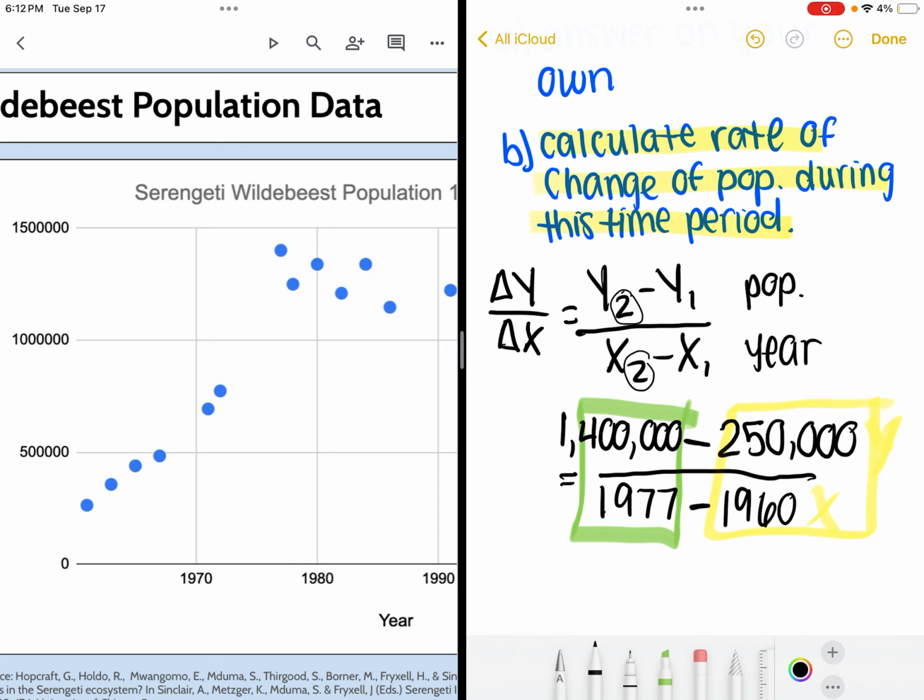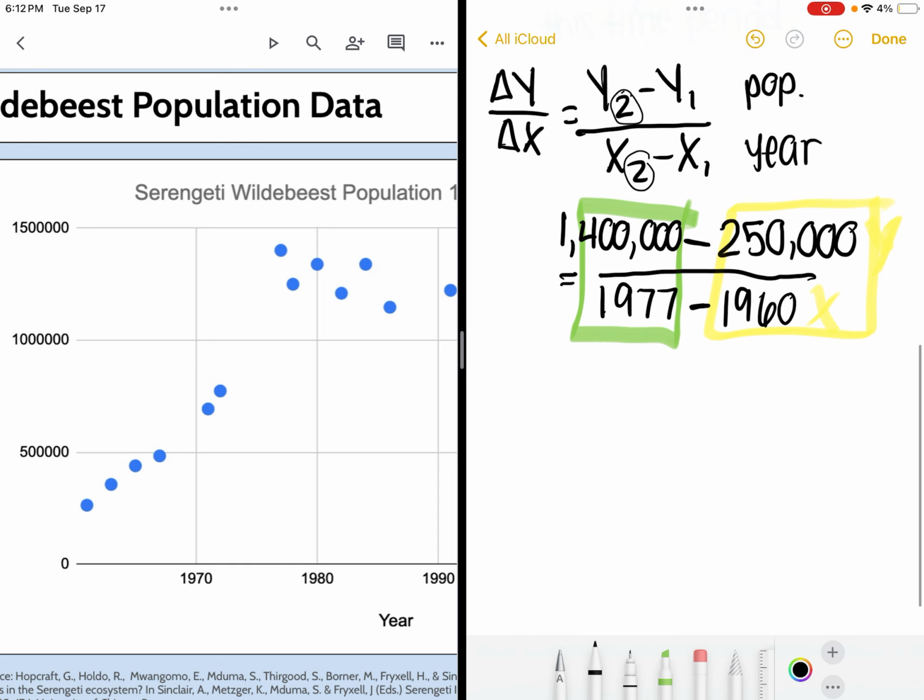So our change in x and change of y, we have the formula already written. Let's simplify. So let's start in our numerator or the top. 1,400,000 minus 250,000 is going to be giving you the number 1,150,000. We have our division sign. And our denominator, we have 1977 minus 1960.